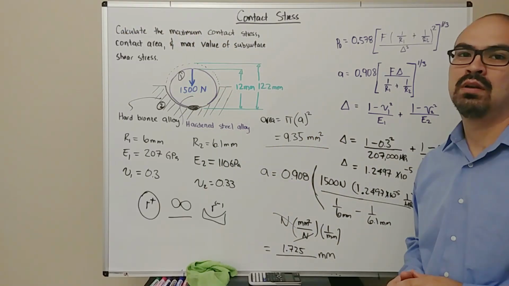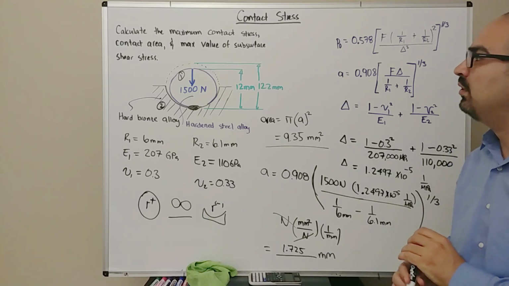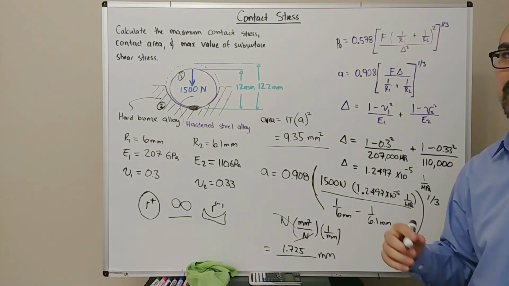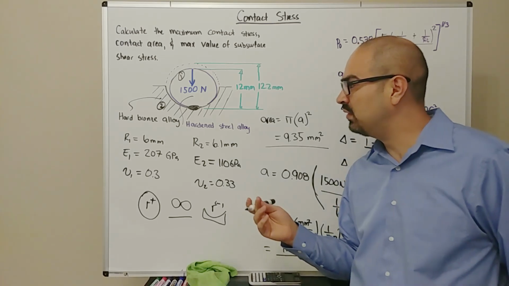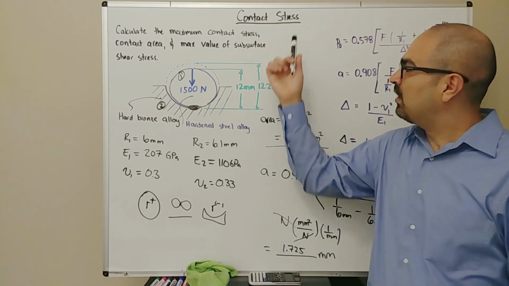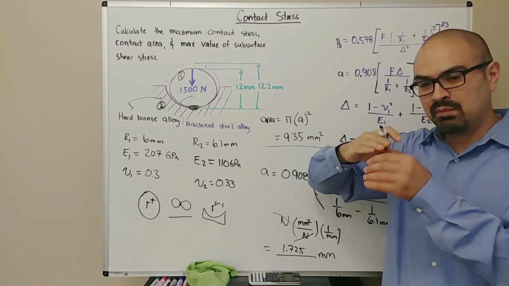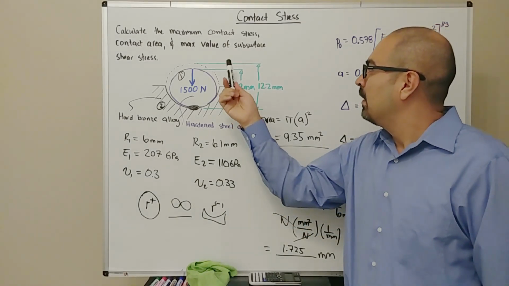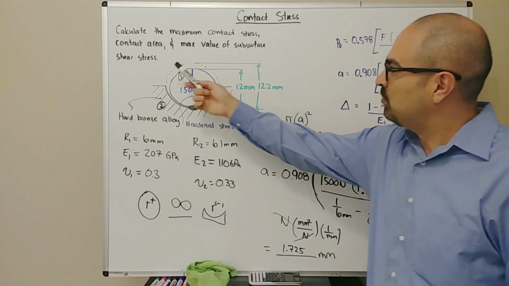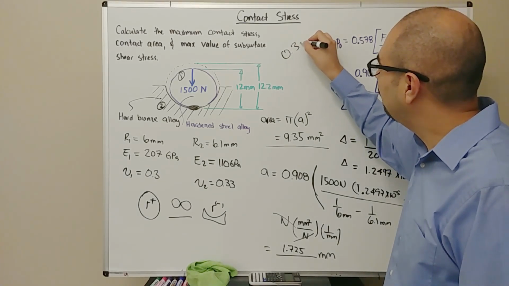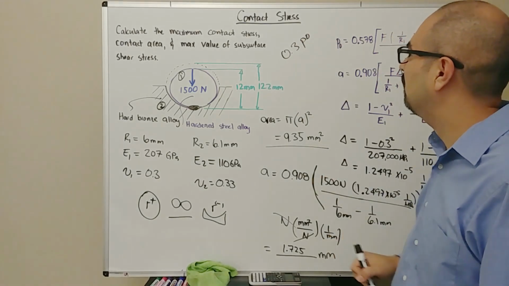Now the last thing that we need to figure out is the maximum value of the subsurface shear stress. Remember, the important takeaway message whenever we have contact stresses is that the maximum value of the stress is usually below the surface. And specifically, the subsurface shear stress is going to take a value of 0.3 times your contact pressure.